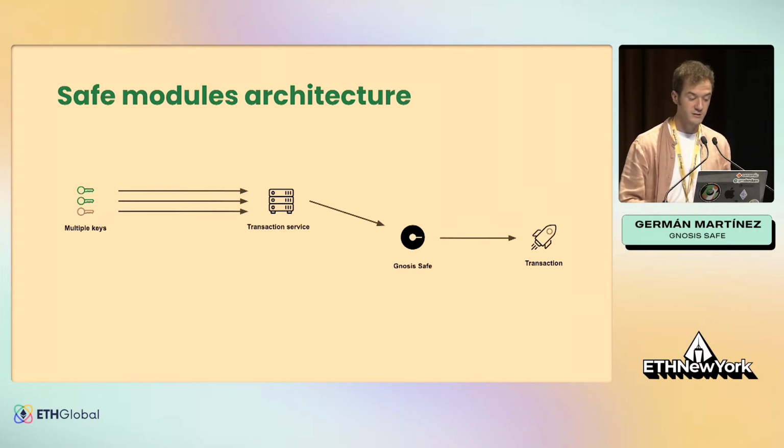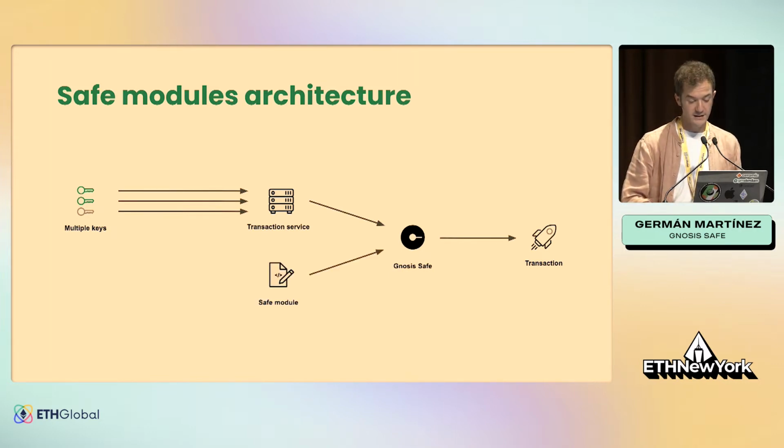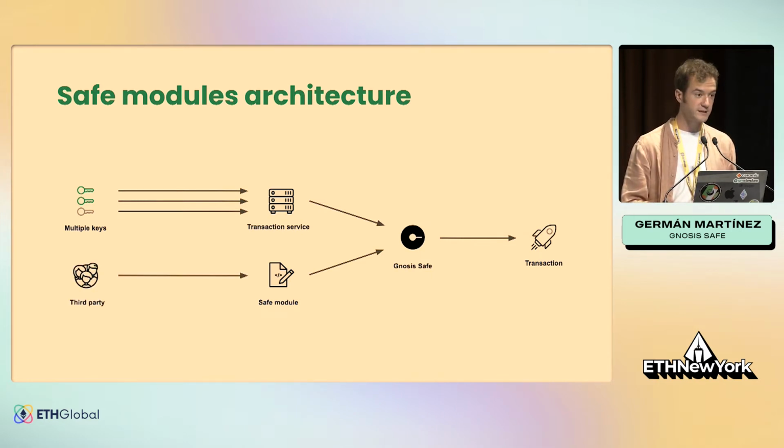But there is also another flow, and this is using Safe modules. Safe modules are used by third parties, external accounts that can call a Safe module, and a Safe module is a smart contract that is deployed on the same network as the Gnosis Safe, and it has root access to execute transactions in the Safe.